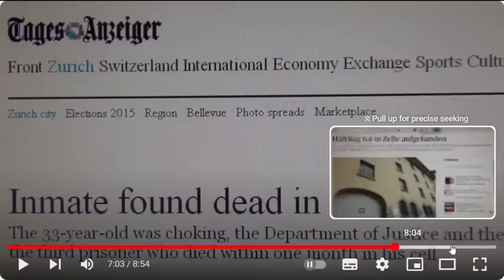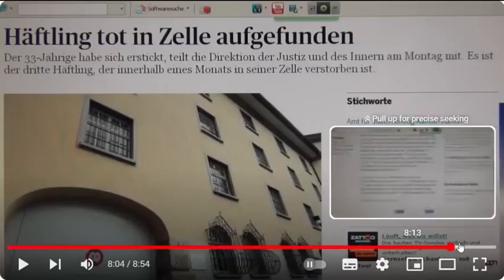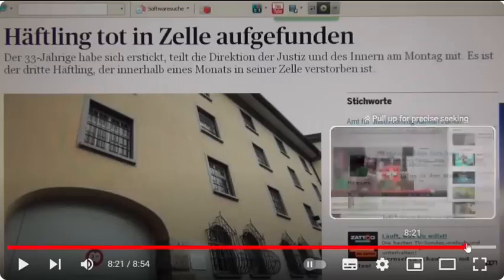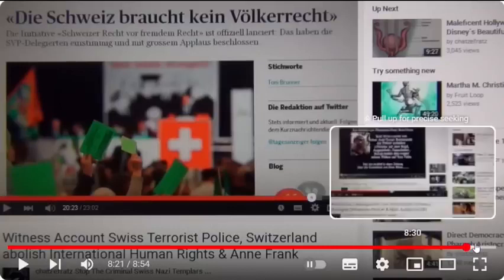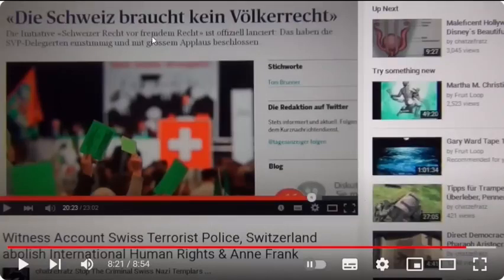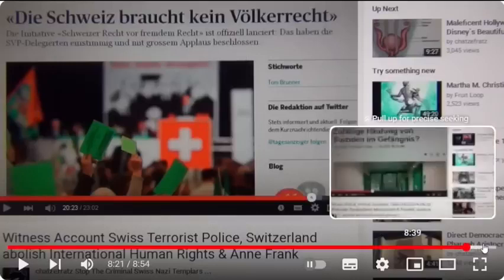And here as well. Here it says, Häftling tot in Zelle gefunden. A 33-year-old died, just like that. And what do they say here? They say Switzerland doesn't need any international laws or something like that.